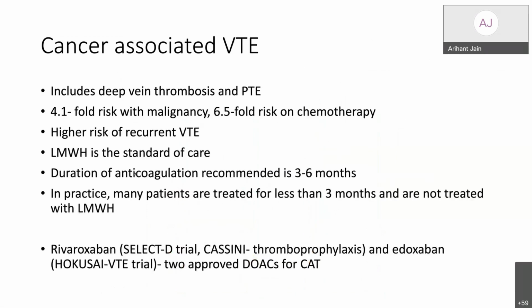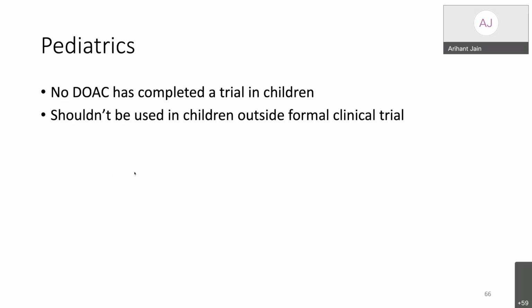Cancer-associated VTE is a long topic in itself. You can just remember that rivaroxaban and edoxaban are the two NOACs now approved, in addition to low molecular weight heparin. Warfarin is typically not used in cancer-associated VTE.